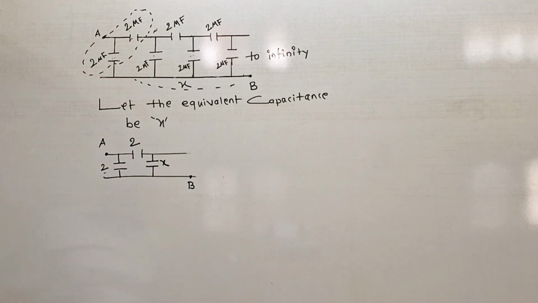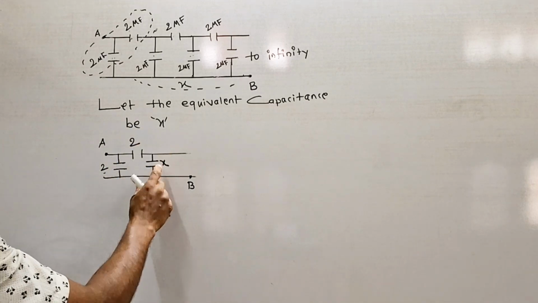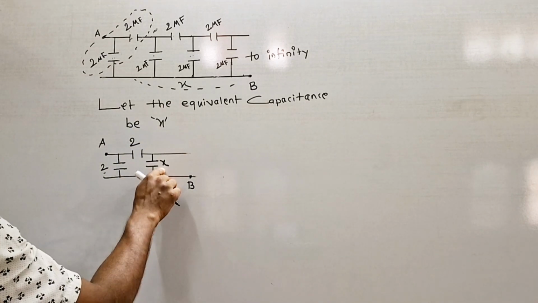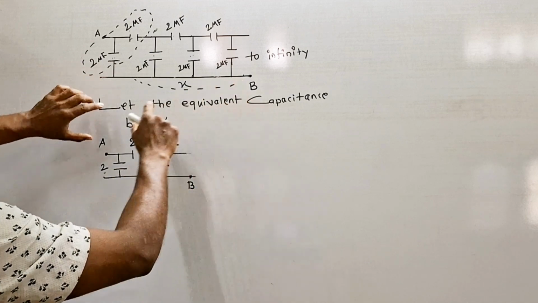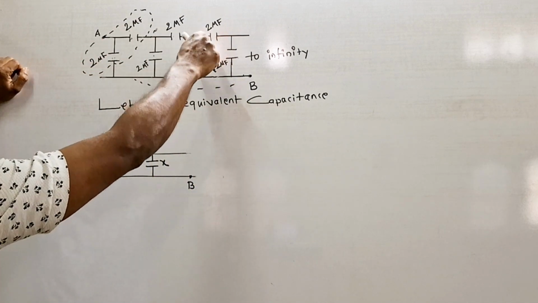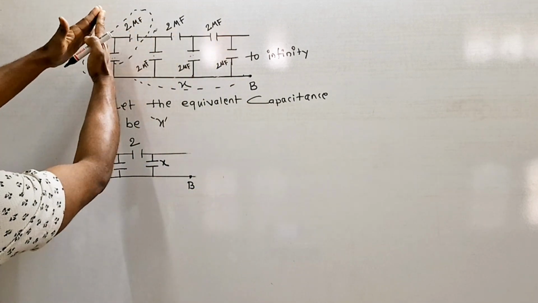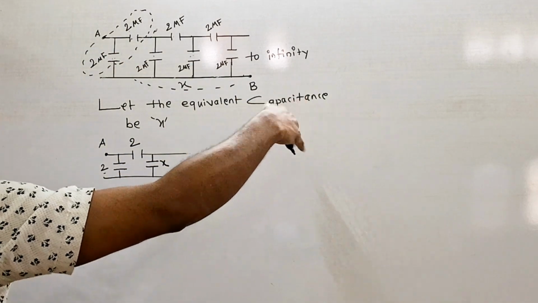You may be confused about how it is X, because I repeat the fact: the entire circuit has infinite number of such units, and if you remove 1 or 2 units from here, the rest of the part can still be assumed as X.